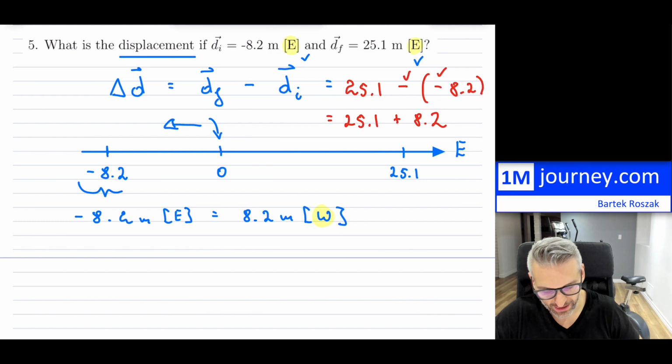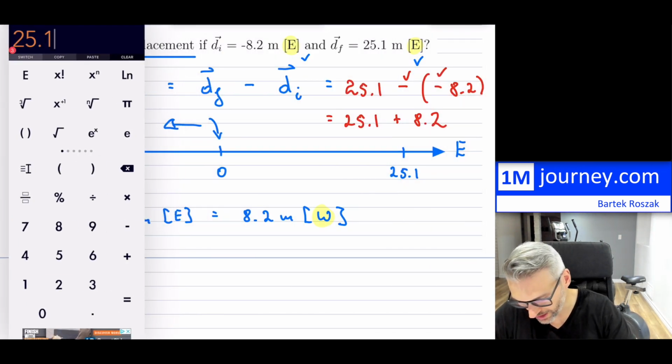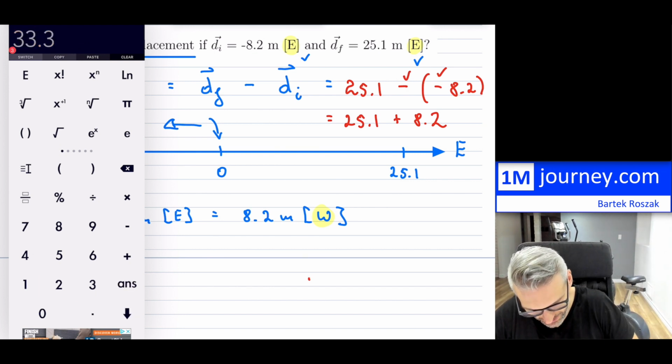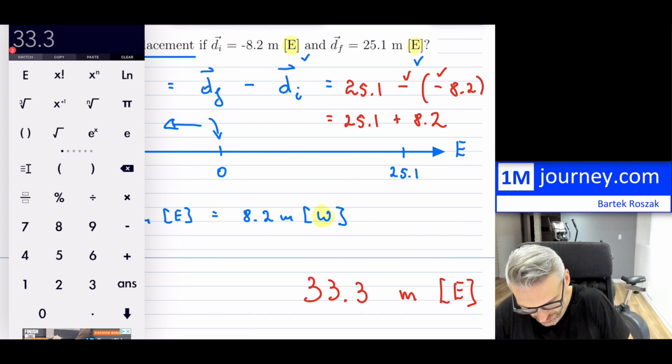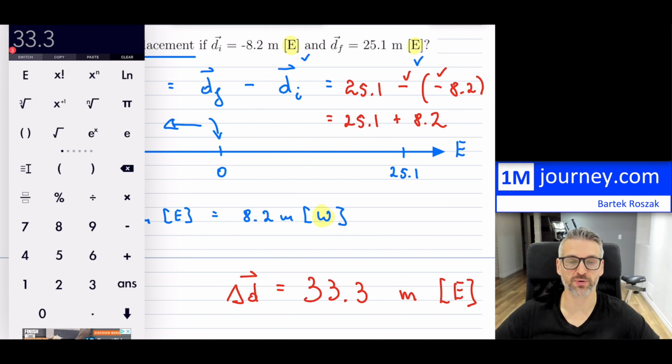Now you can go ahead and add these together, with your calculator or by hand. This is going to be 33.3 meters, and it is east. So it is a direction, and this is your displacement. That means you've displaced 33.3 meters in total.